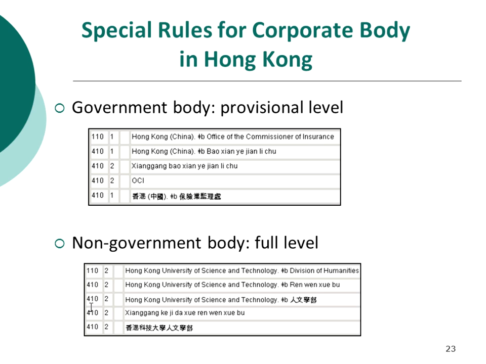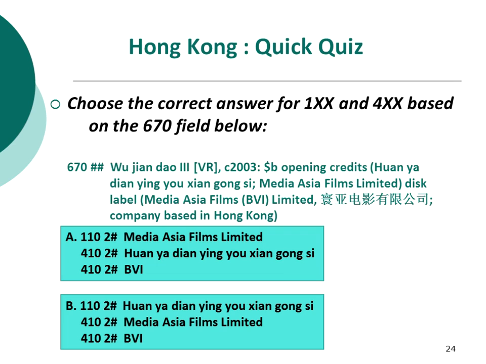All right, I believe we also have a couple of exercises for you to see how you do in this area. The first exercise here is in the 670. And again, as you see under subject B, we have Media Asia Films Limited, and the scripts are available.